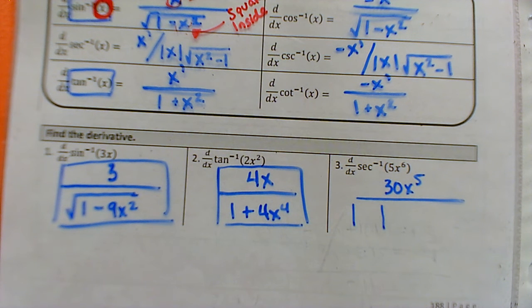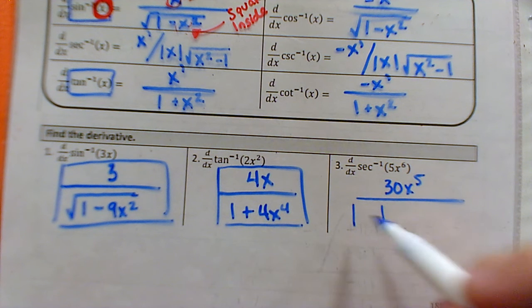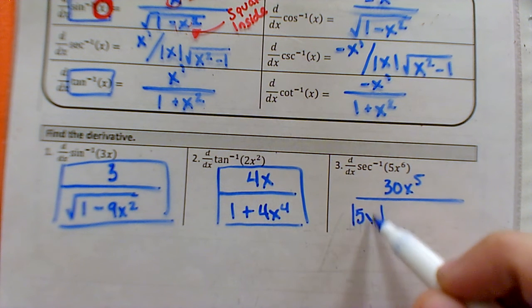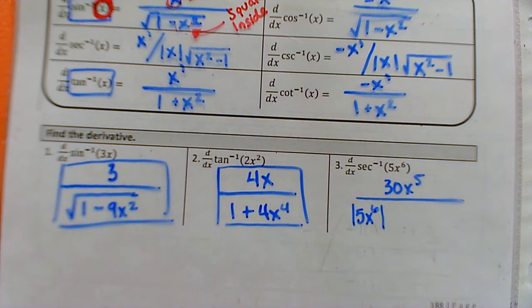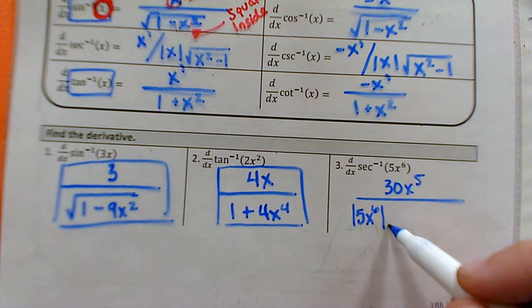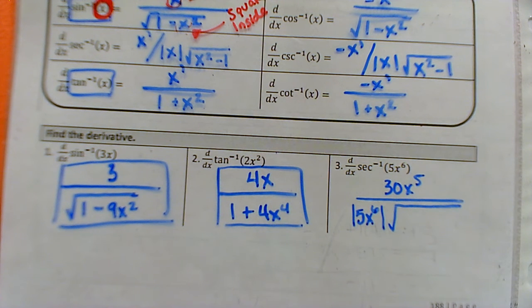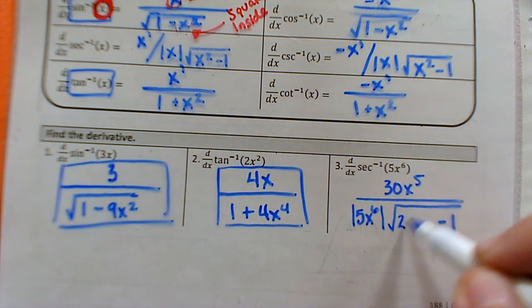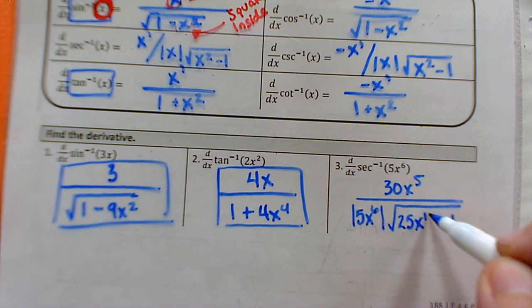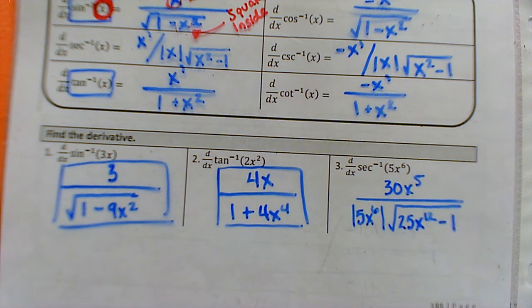But remember, x is just representing what's inside the trig function. So that would be 5x to the sixth. And then we need the inside squared minus 1. So 5x to the sixth times another 5x to the sixth, 25x to the 12th.